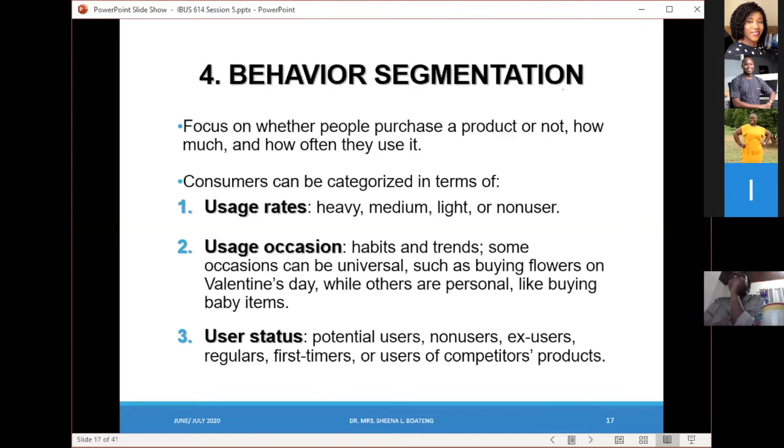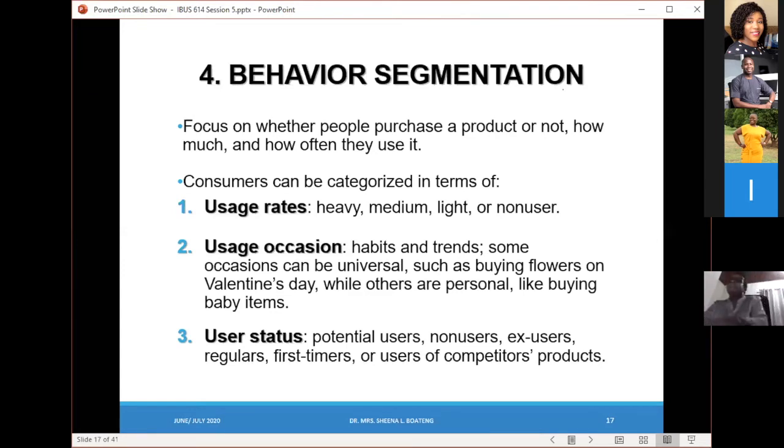Can someone correct me if I'm wrong? It's true, madam. Yes, they target it mainly at the youth. You will never see them talking about married couples in a contraceptive advert around Valentine's. They usually target the youth, tell them to stay safe, avoid STDs and all that. So this is a typical example of usage occasion and how firms are taking advantage of it.